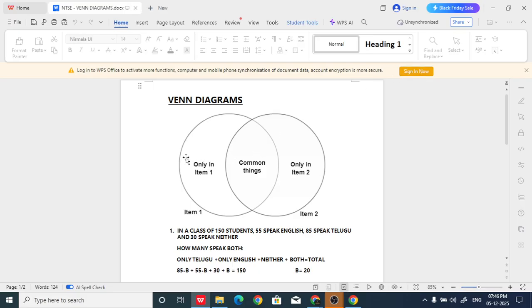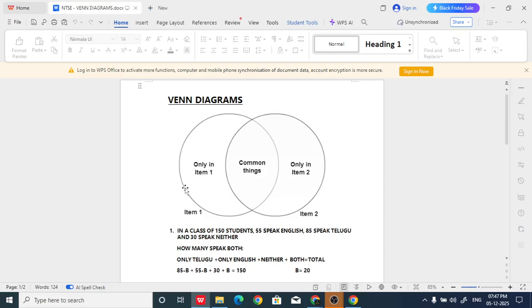Here circle 1 represents the people who speak English, and circle 2 the people who speak Telugu. The common part is the people who speak both English and Telugu. There are some students who can speak both. Now they are saying the total number of students in the class is 150.